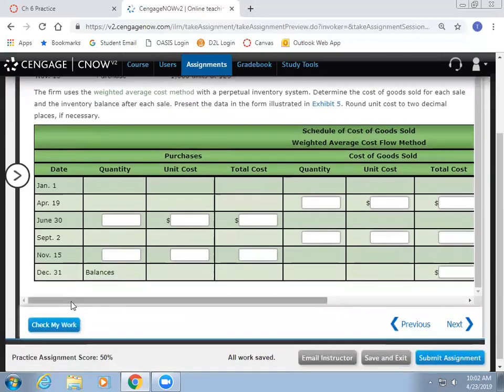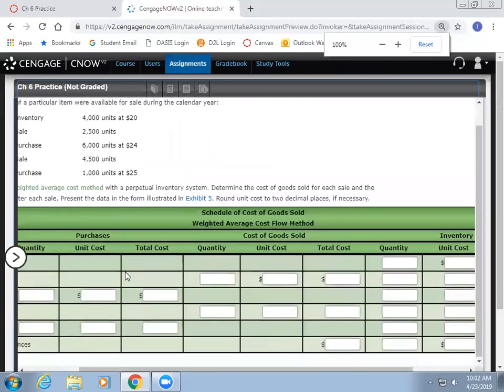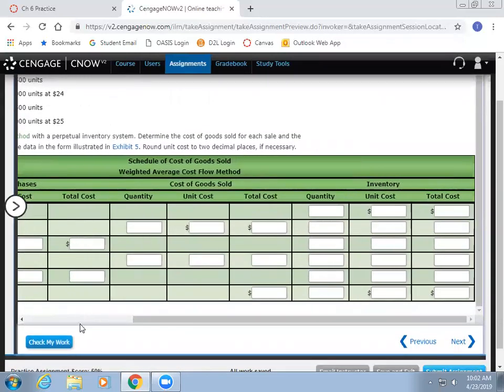On January 1st, we're just logging the beginning inventory. So we have 4,000 units, our unit cost is $20 per unit, so our total inventory cost is $80,000. That's just where we started at the beginning of the year.